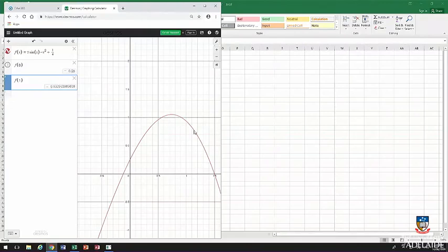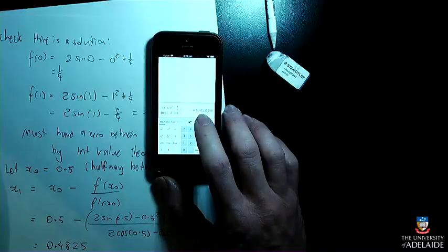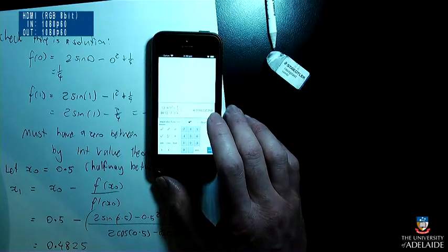It's in degrees. My calculator was in degrees. Who writes a calculator in degrees? Look at that. My calculator's in degrees.